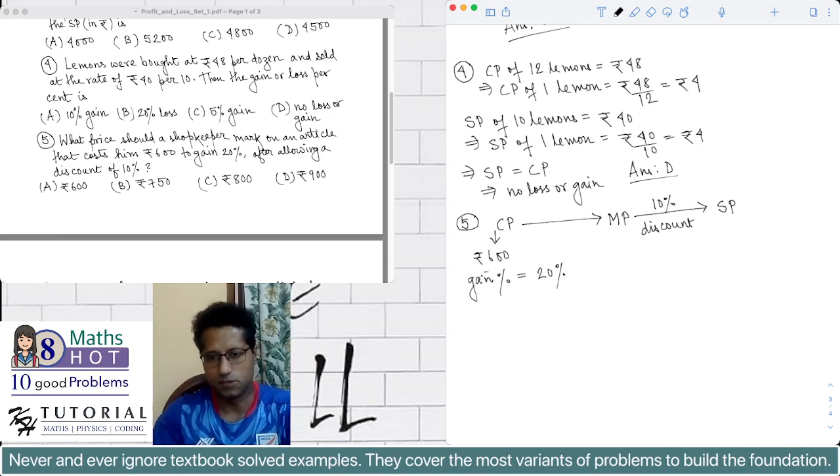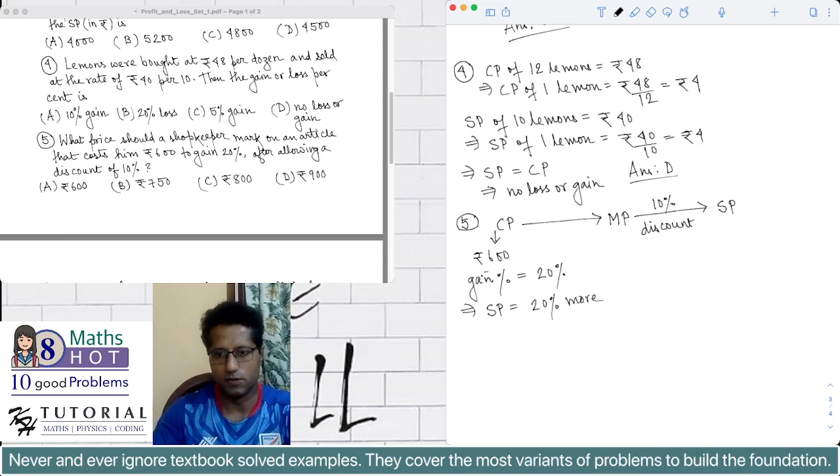The gain percent is always based on the cost price. So the selling price will be 20% more than CP. This is the fundamental concept of profit.